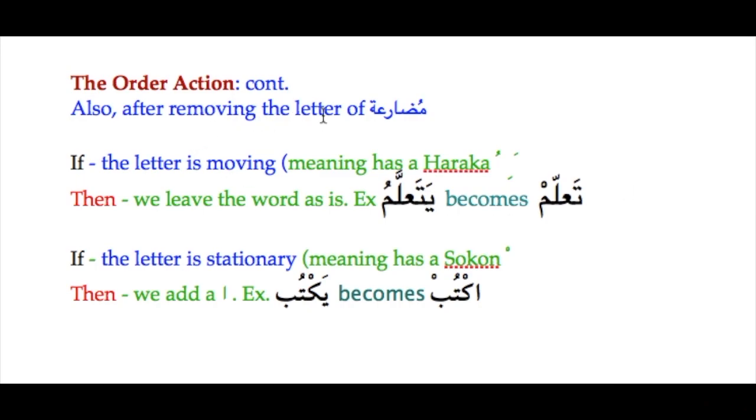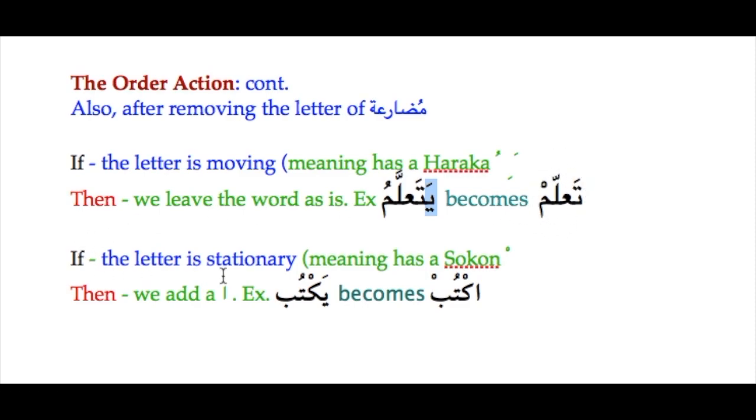Next, after we remove the letter of mudara'a, we check and we see if the letter that we have right now as our first letter has a haraka, if it's a moving letter, like yata'allam. See here, after removing the ya, the letter of mudara'a, we have a moving letter. We leave it as is, so it becomes ta'allam, and this is our order action.